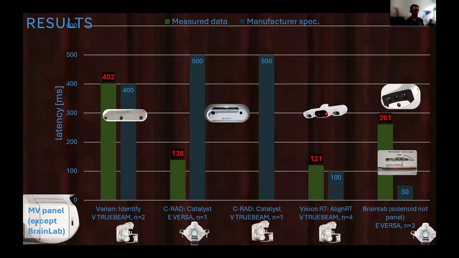And yeah, there's a big range from 121 milliseconds to about 400. And this was all measured with the same method, although the Brain Lab one slightly different, but actually the equivalent Align RT measurement with that same method would be slightly less than 120.